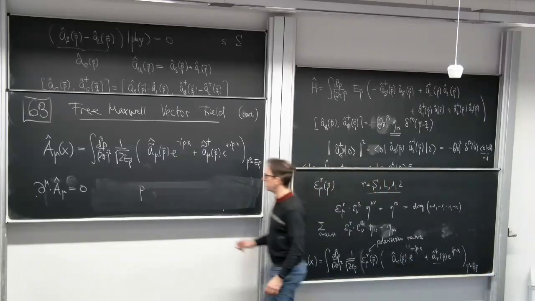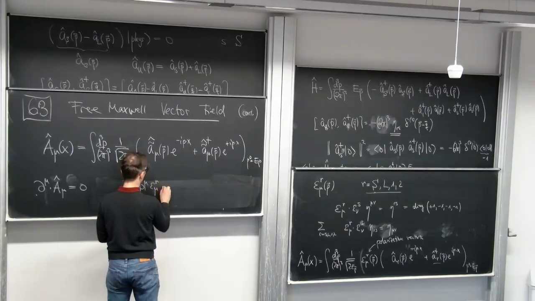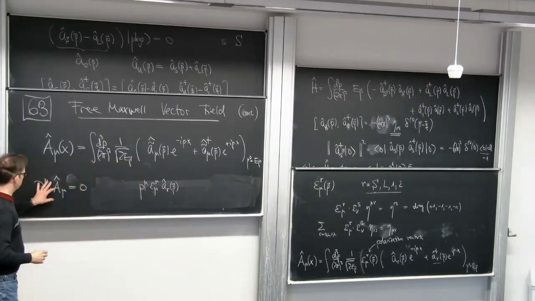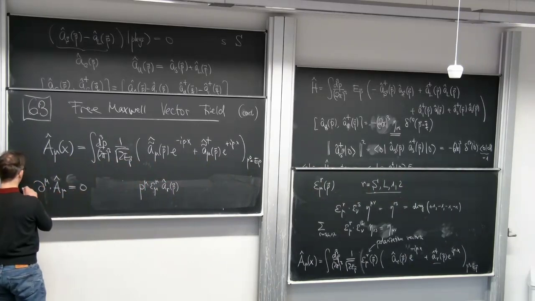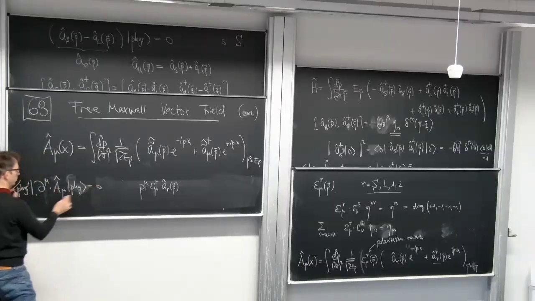And then I have P mu epsilon mu R A R of P. And for the whole thing, I don't set the operator to 0, that didn't work. So I really only want this between physical states, one left and one right.